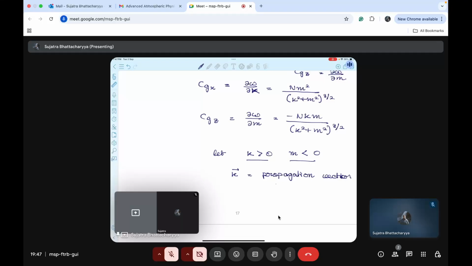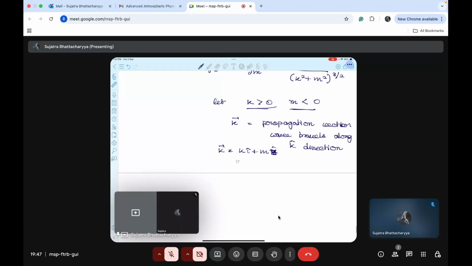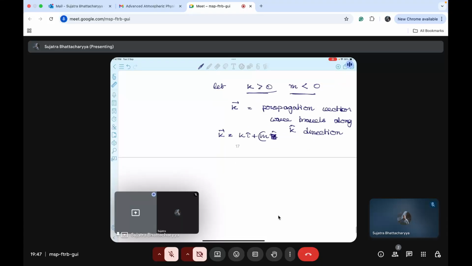The wave travels along the k hat direction. So k vector is equal to k i hat plus m k hat, where k hat means the z hat. But remember, here m is negative.